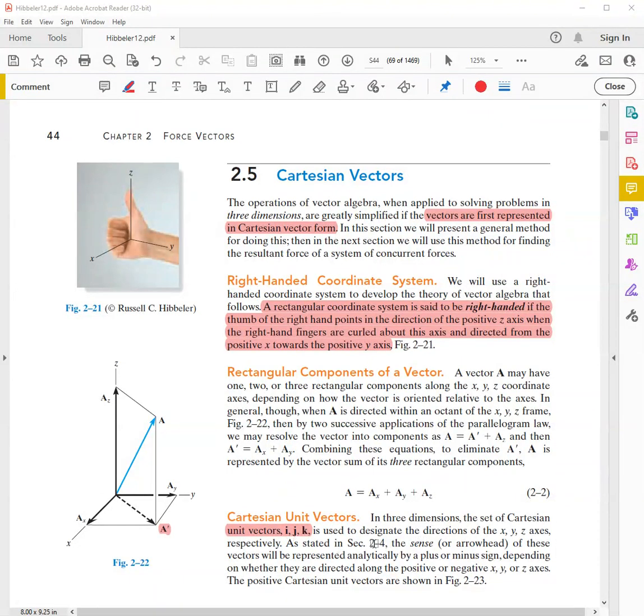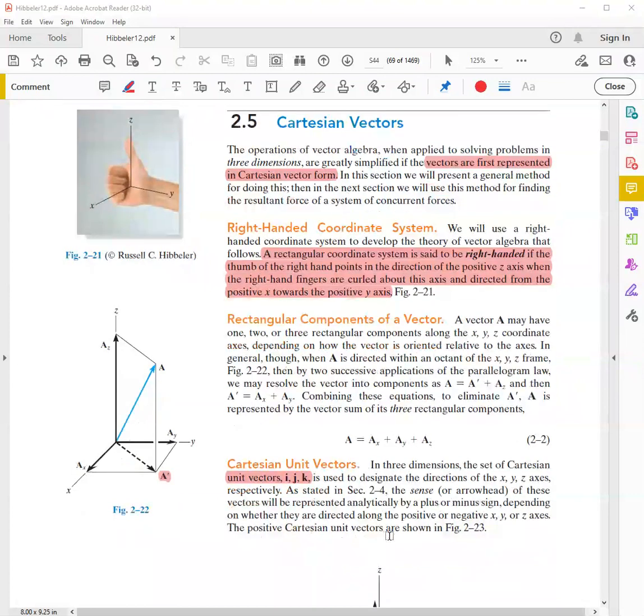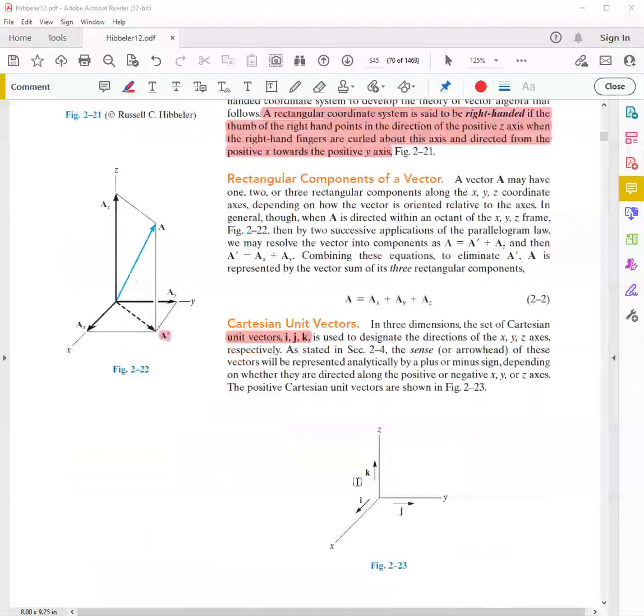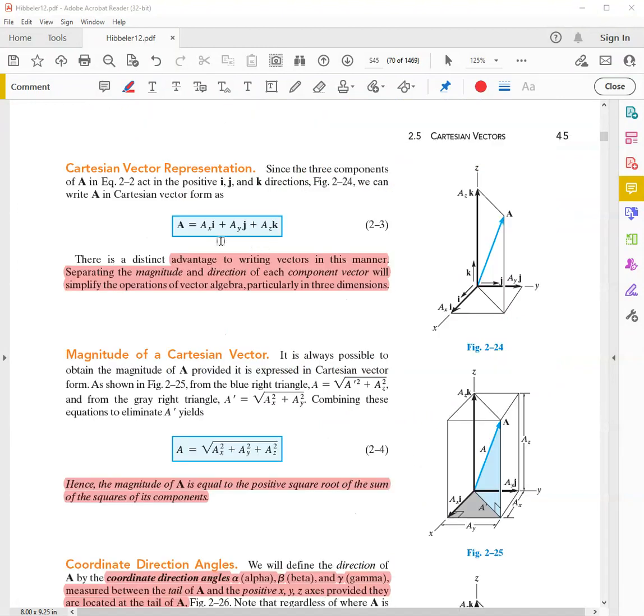Now we can use unit vectors i, j, and k to express the original vector, and everybody knows i, j, and k are the unit vectors associated with the respective axis. And we can write the scalar components over x, y, and z of the original A vector multiplying with these unit vectors.